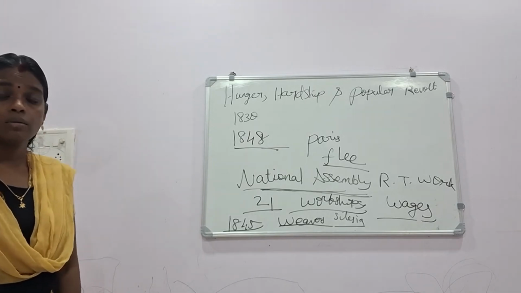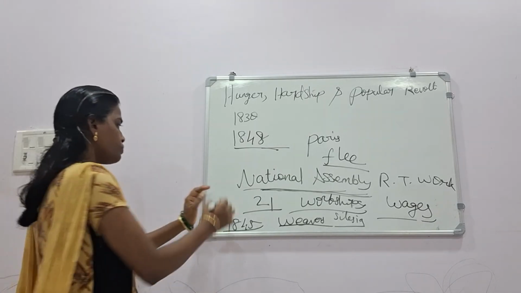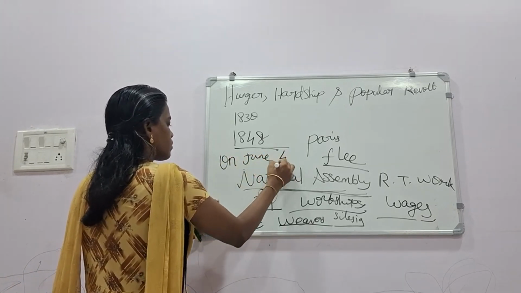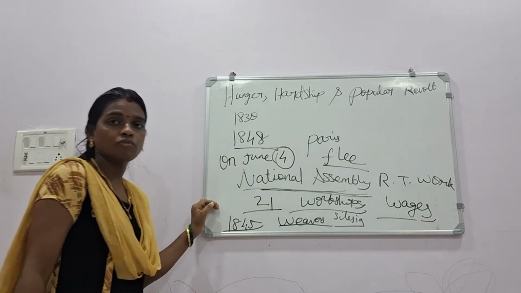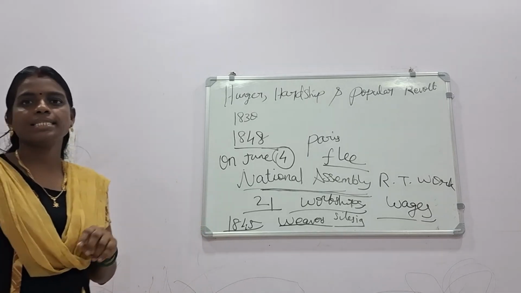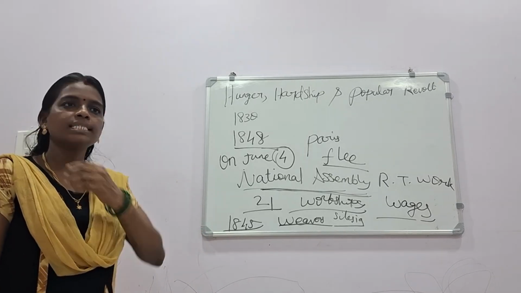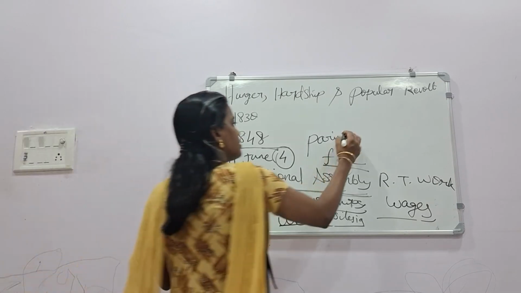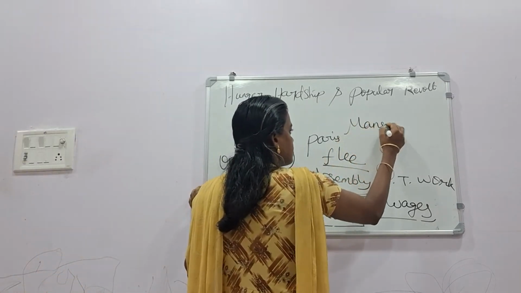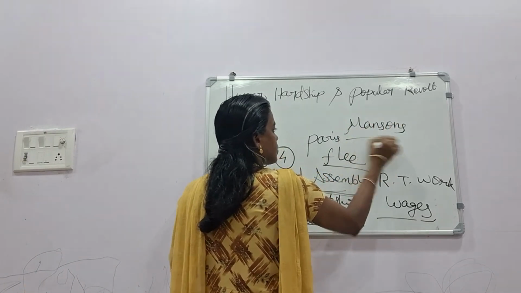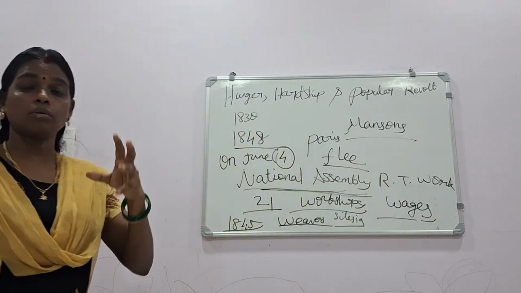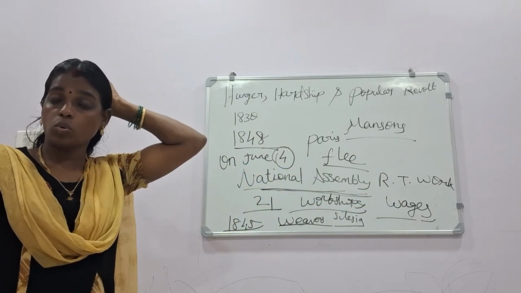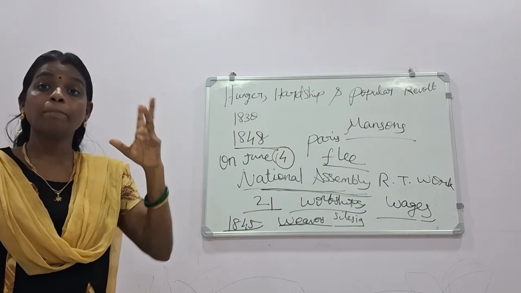Then on June 4, mansion owners and contractors led a revolt against the government. Mansion owners are those who have a big house, more property, or reside in a big building, no?